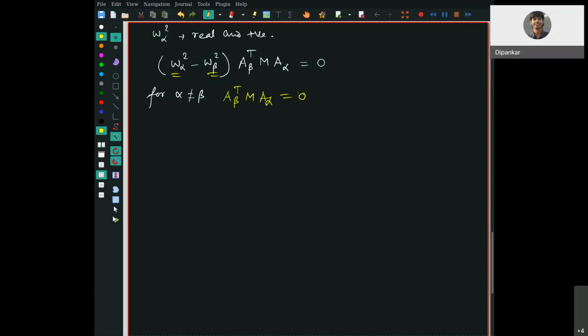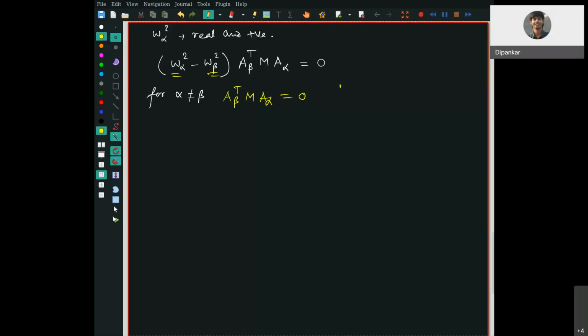This should be equal to 0. Now this is kind of the property of orthogonal vectors, just the difference is there is an M in between. So A beta and A alpha are such that A beta transpose M A alpha equals 0. Okay, so it's some sort of an orthogonality relation.